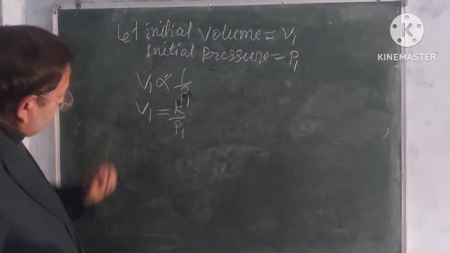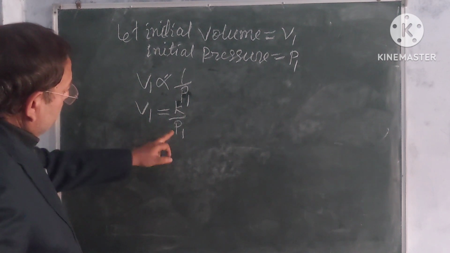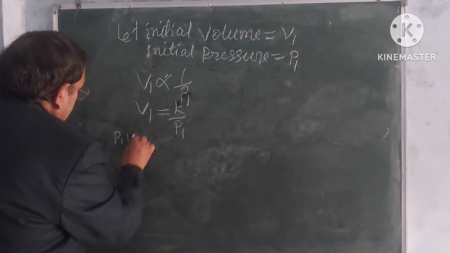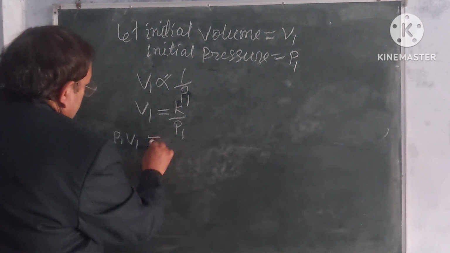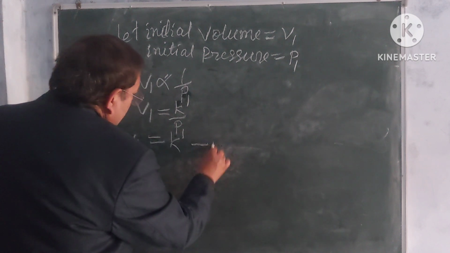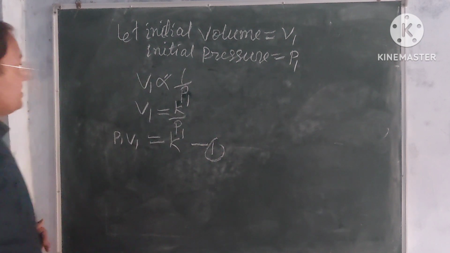Now we do the cross multiplication between P1 and V1. So P1 V1 is equal to K. This is the first equation.